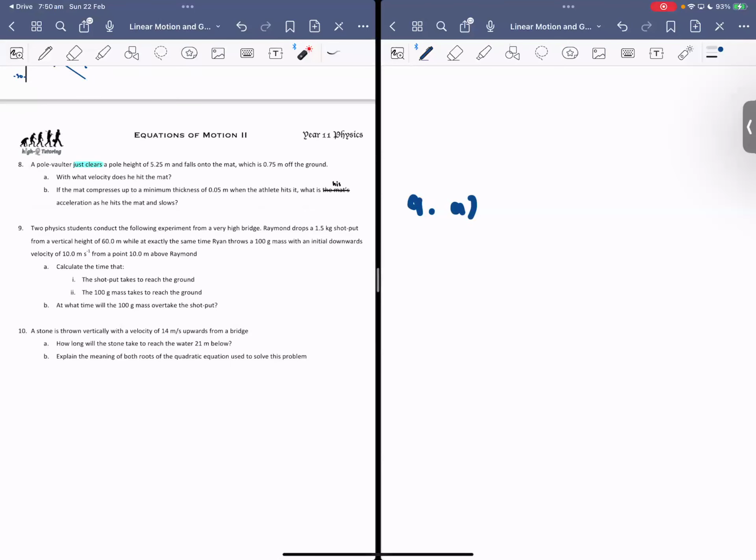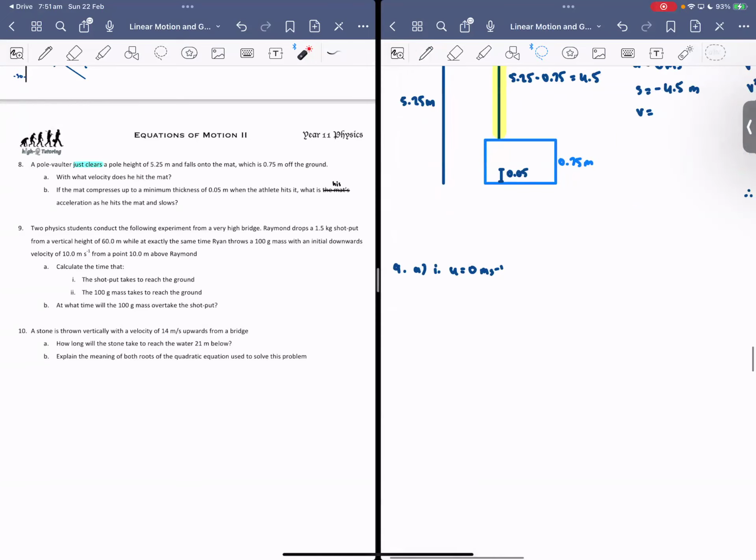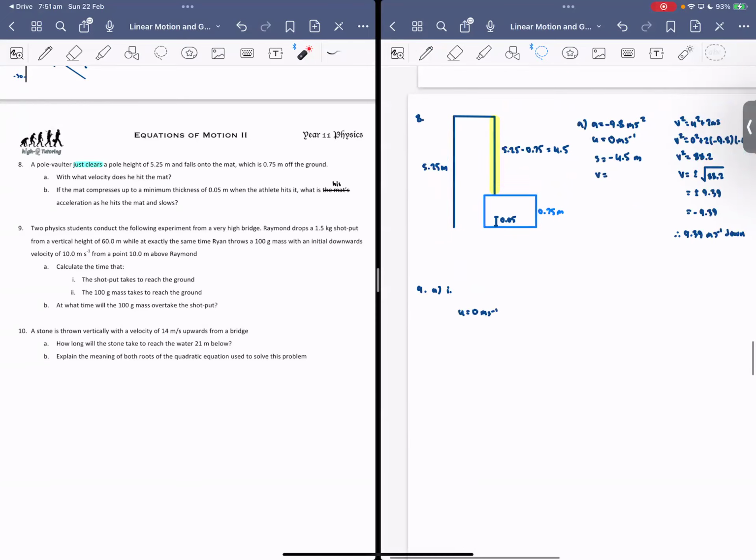Let's do the shot put first. What do you guys know about the shot put? I know that it's dropped, right? So initial velocity is 0 for the shot put. It's dropped on Earth, and if it's dropped on Earth, acceleration is negative 9.8.